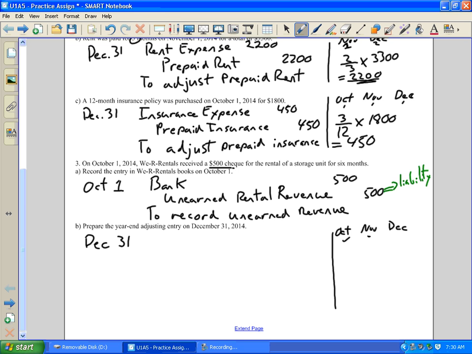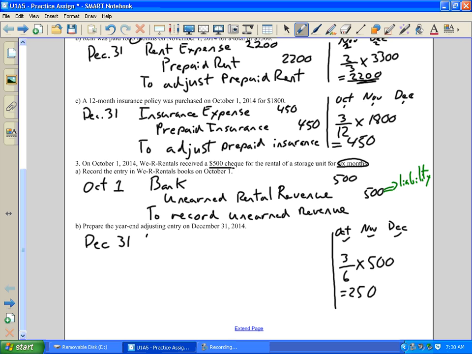That's 1, 2, 3 months of the rental revenue that we have earned. But the storage unit was rented for 6 months. So you take the 3, you divide it by the 6, because there's another 3 still to go, or 6 months in total, and you multiply that by the amount of $500. And that equals a pretty straightforward number of $250. So that's the rental revenue that we've earned so far.